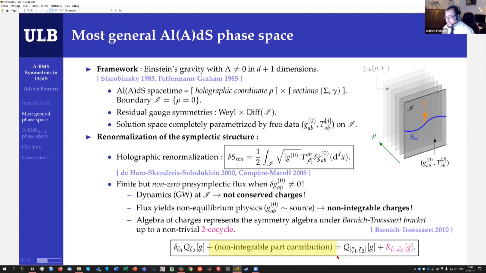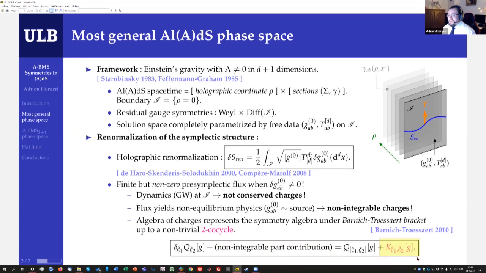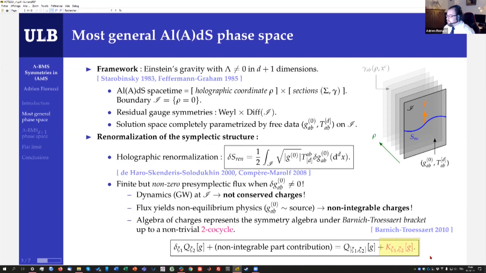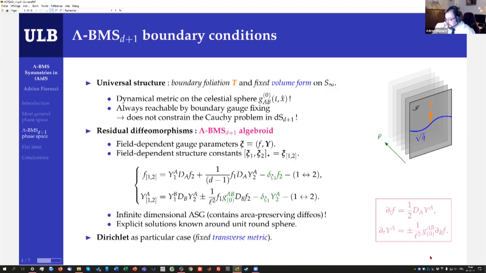And this extension is very important, as I will say later. And to finish with that point, the algebra is not even centrally extended, but is supplemented with a non-trivial two-cocycle, which is not absorbable by a shift of the charges and reduces, in the famous case of Brown-Henneaux boundary conditions in 3 dimensions, to the Brown-Henneaux central charge.